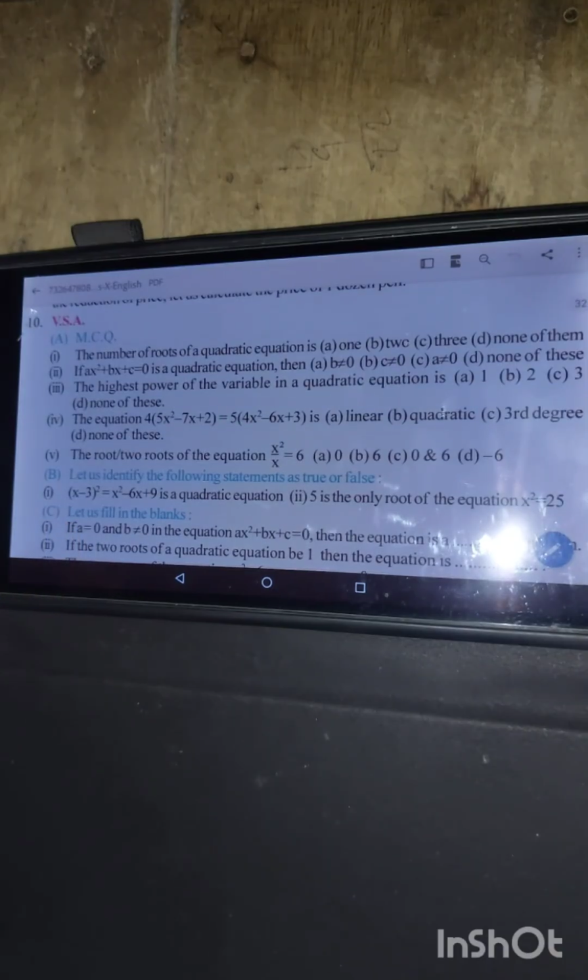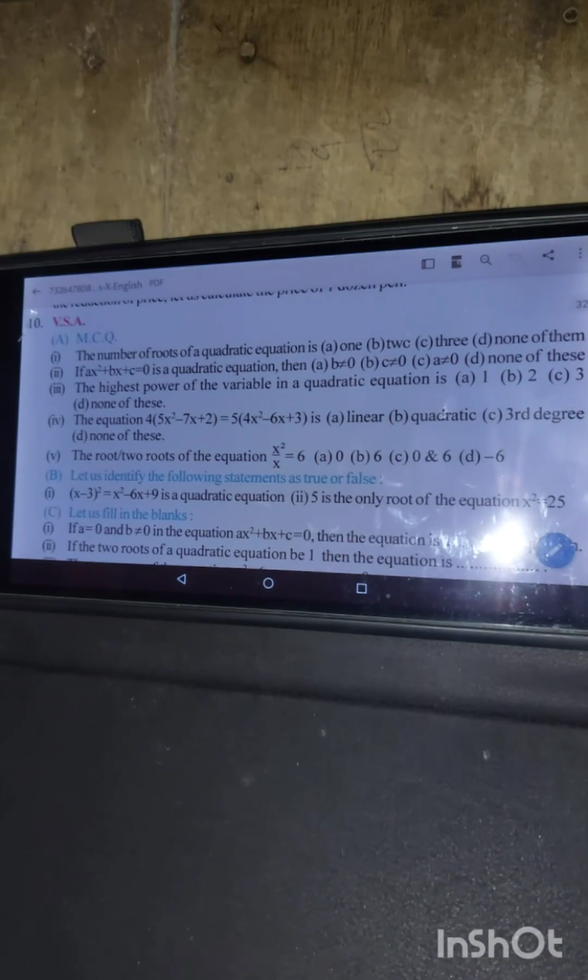So let us first solve section A, MCQ questions. First question is, the number of roots of a quadratic equation is 1, 2, 3 or none of them. So the right answer is option B. The number of roots of a quadratic equation should be 2.